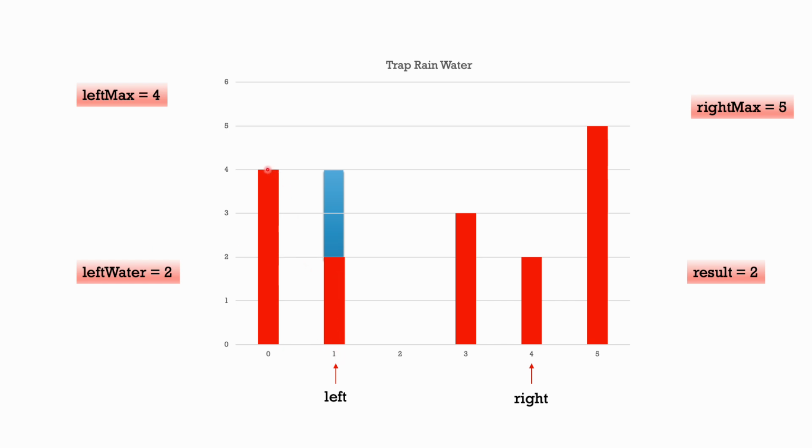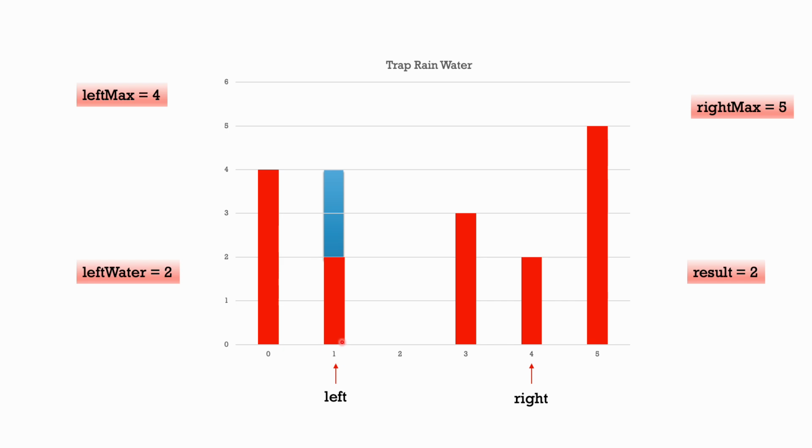We subtract the height at left from the left max. So we get 4 minus 2, since the height at index 1 is 2. We get 2. So at index 1, we can store 2 units of water, right?